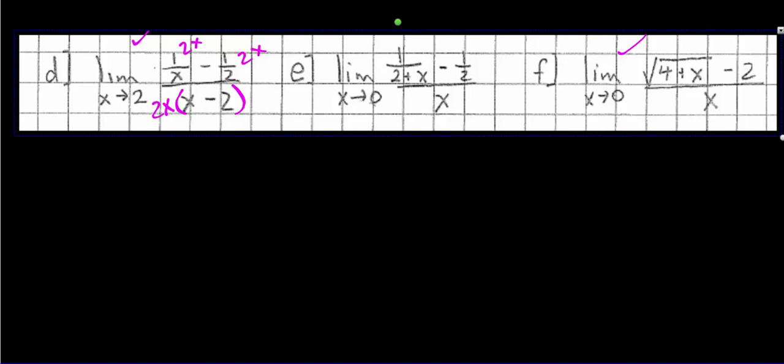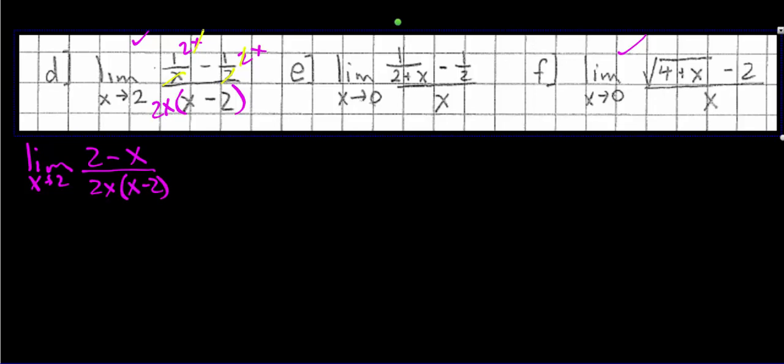Now, when you do that, notice some things cancel. Here, the x cancels. Here, the 2 cancels. And what you're left with is the limit as x goes to 2 of (2 minus x) over 2x(x minus 2).